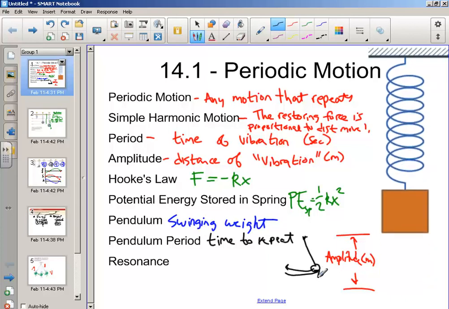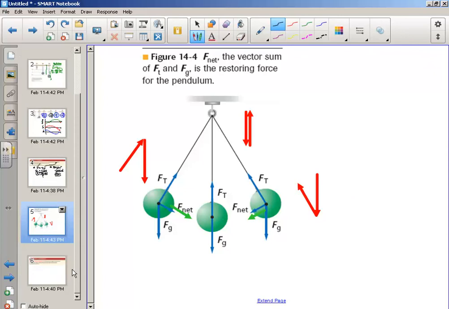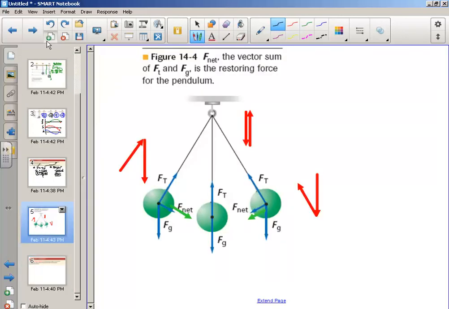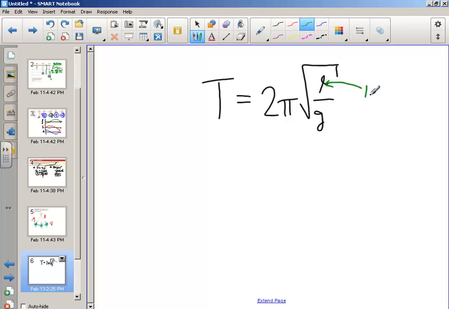Now there is a way to find the period of a pendulum, and it's this. The period of a pendulum is 2 pi times the square root of L over G. Now L is the length, and G is gravity. Length and gravity.